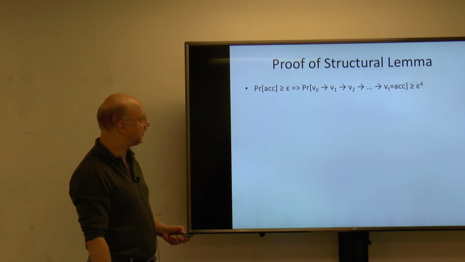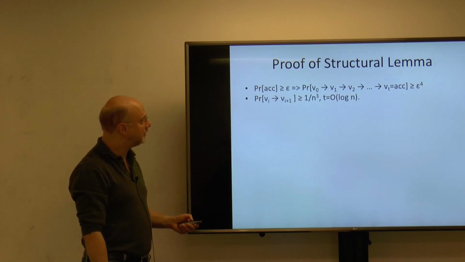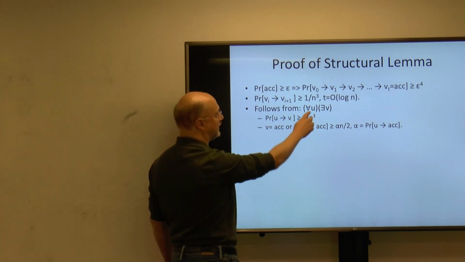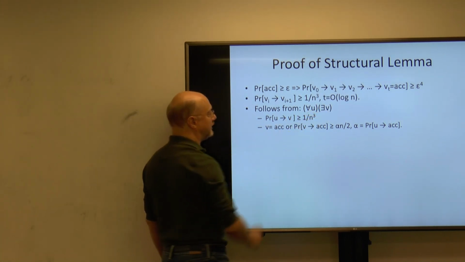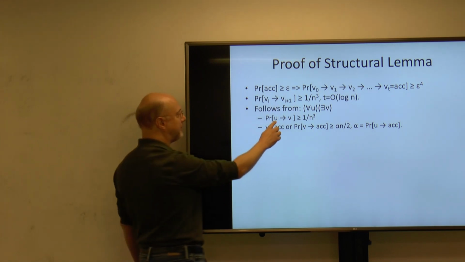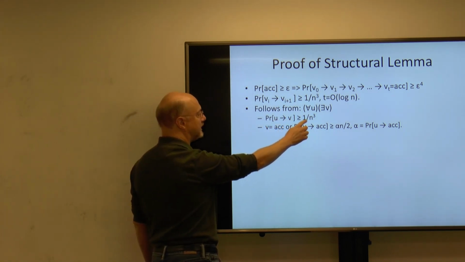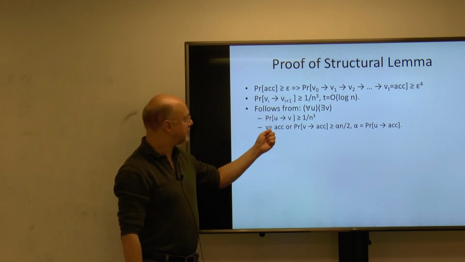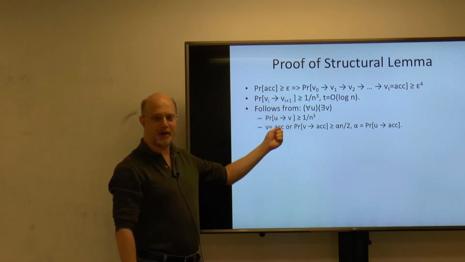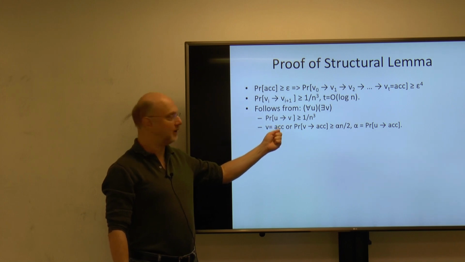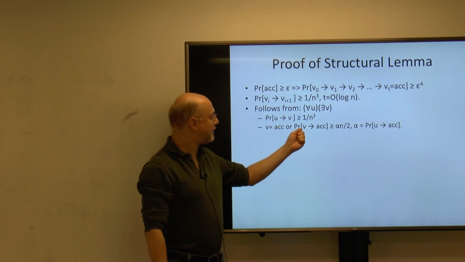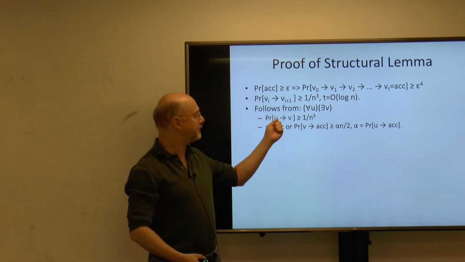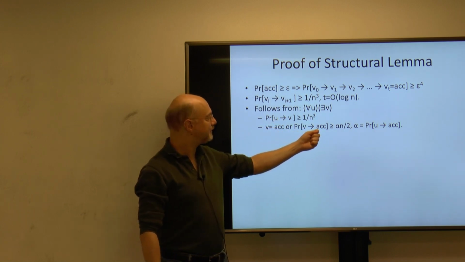So again, this is the structural lemma, and it follows inductively from the following. For any node U, there's another node V such that the probability, starting from U, that we get to V is at least 1 over n cubed. And either V is the accepting node, or the probability that V leads to acceptance is much bigger than the probability that U leads to acceptance.